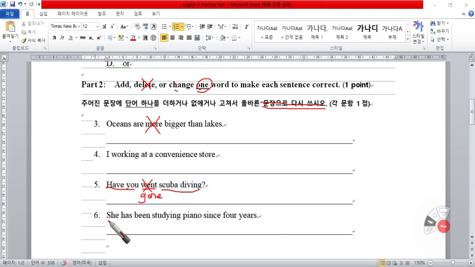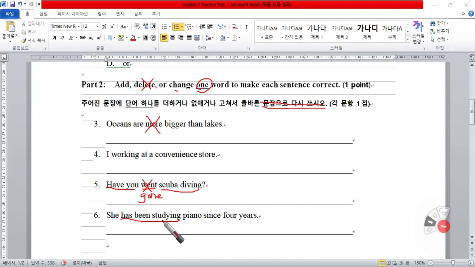Number 6. She has been studying piano since 4 years. Okay. Now, so in this one, probably most of you can figure out what the mistake is. Well, notice the verb right here, study, and the tense has been studying.